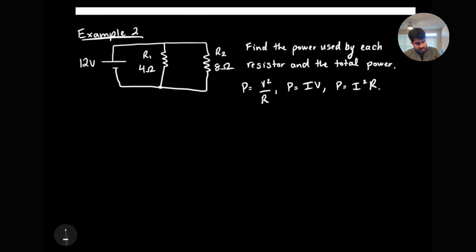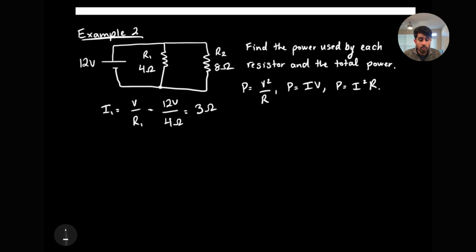In this case, we need to calculate the current through each resistance first. Let's calculate that since I is going to be one of the variables that we need to still solve for. In this case, let's calculate I1. I1 will be equal to V over R1, which is going to be equal to 12 volts over 4 ohms, which will be equal to 3 amps.